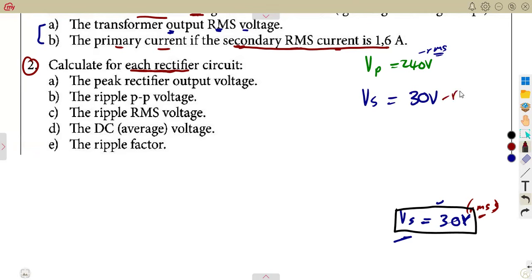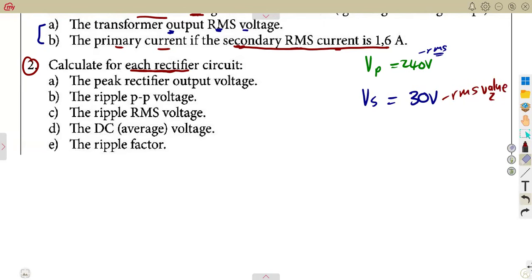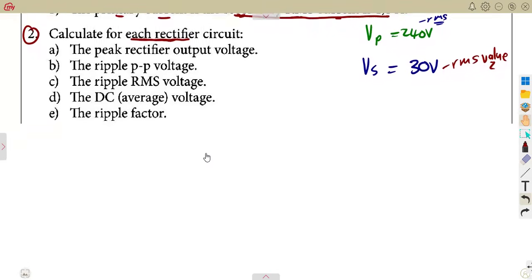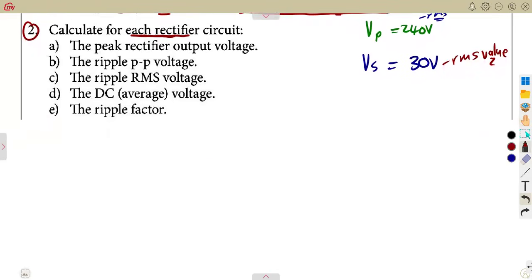And this is an RMS value, which is the RMS voltage at the output of the transformer, but it will be fed into the rectifier, and out of these rectifiers we've got two to be considered, a half wave and a full wave. So we are going to consider two calculations here, for a half wave rectifier and also for a full wave rectifier.